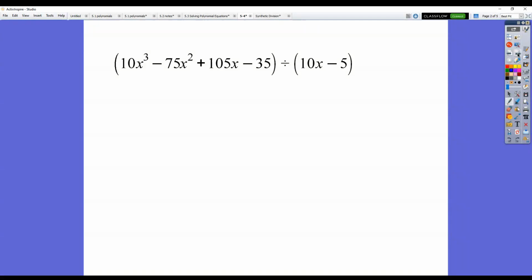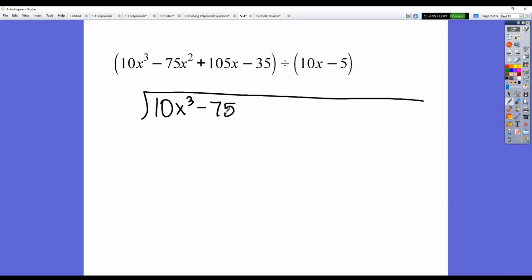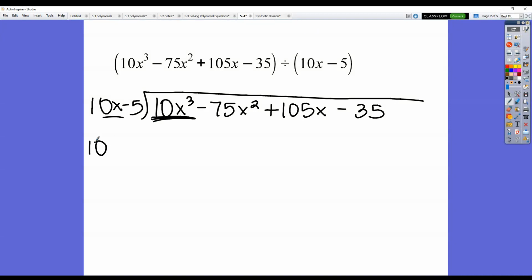Okay, the next one, we're going to write it out in the long division thing again. Start with how many times can 10x cubed be divided by 10x? Which is x squared. Line it up over the other x squared.